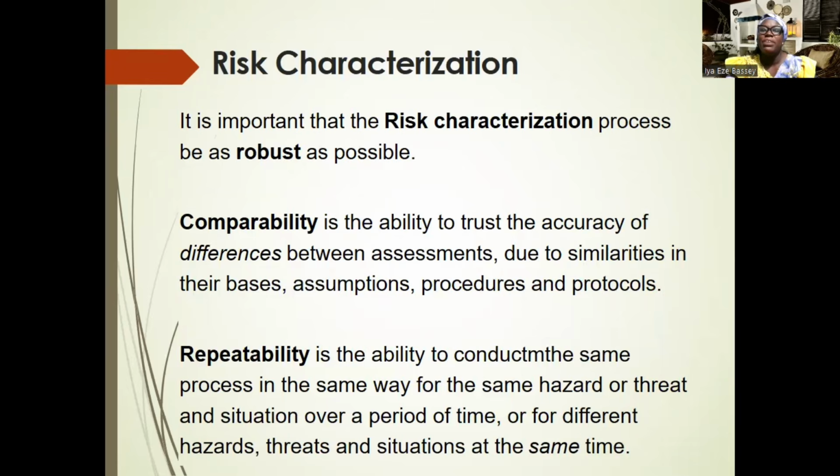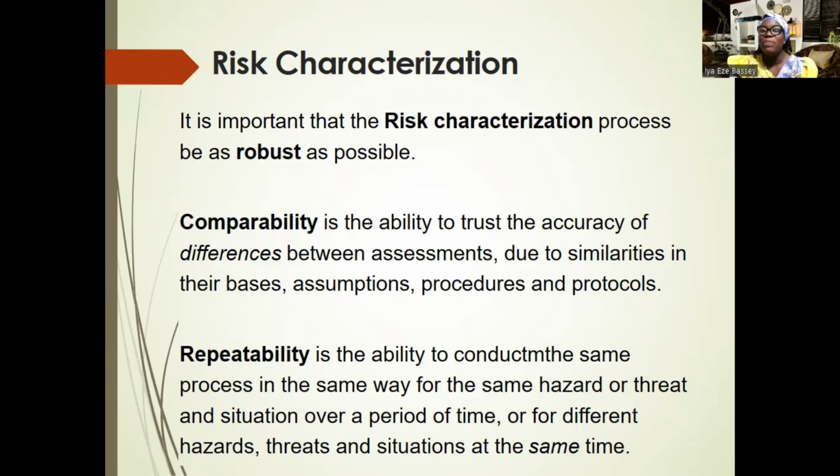So risk characterization. When you are characterizing risk, it is important that the process you are using should be as robust as possible. You should be able to do a risk characterization, and another person also uses the same situation, the same method to do a risk characterization, and both of the results you get will compare with each other.